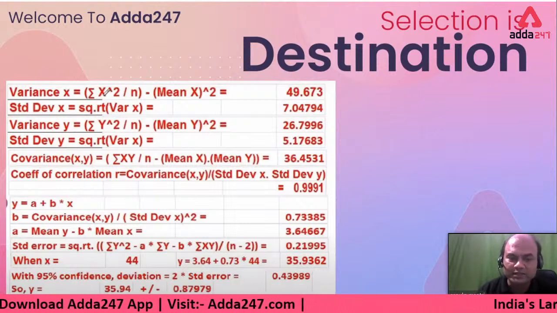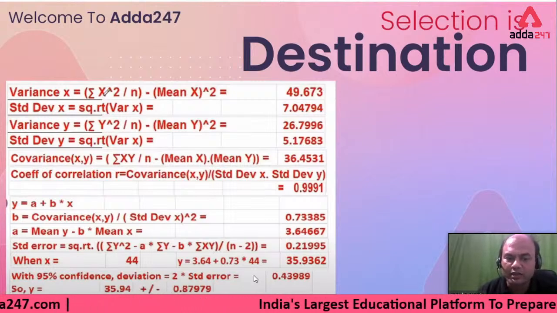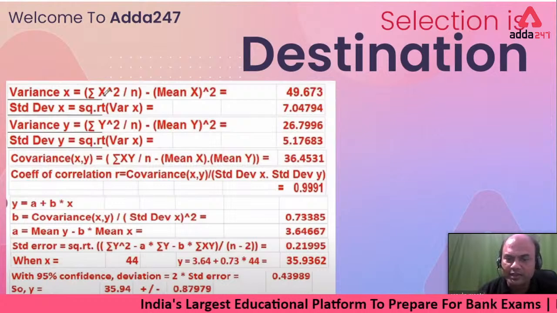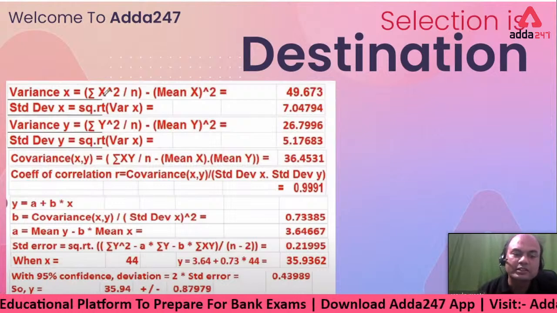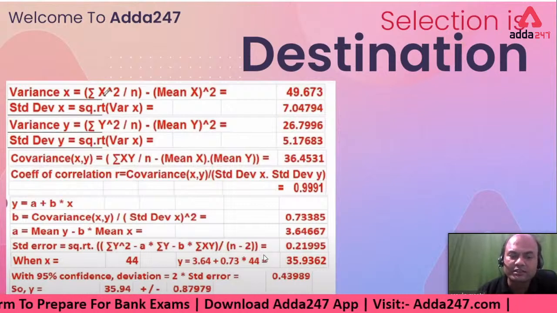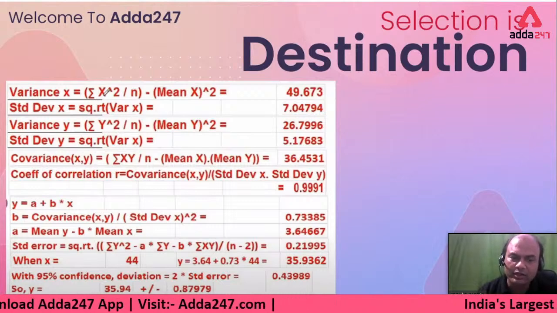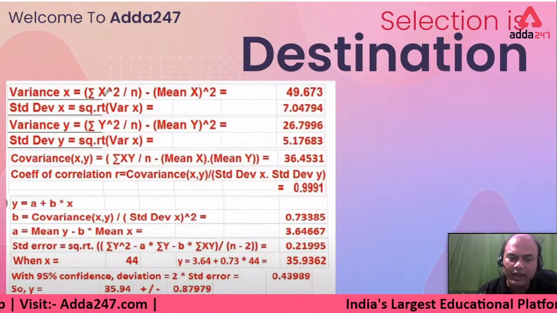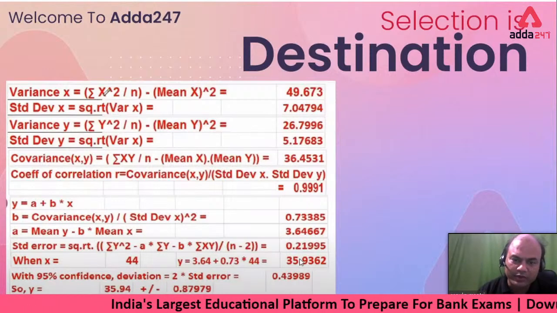So when I add, what do I get? 36.38. When I subtract, what do I get? 35.49. See this, 93 and 49. Okay. So what have I got? I've got this range, that this value of y will lie in any case between 36.38 and 35.49. That is the meaning of this. That's why I've got this range.